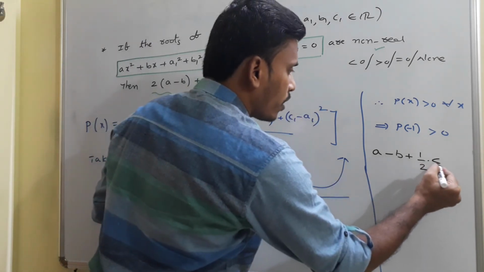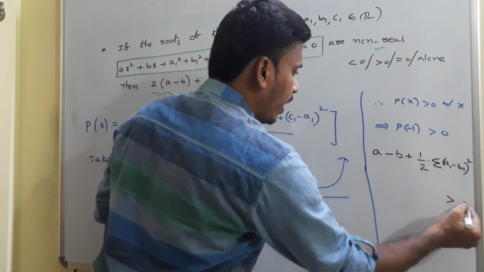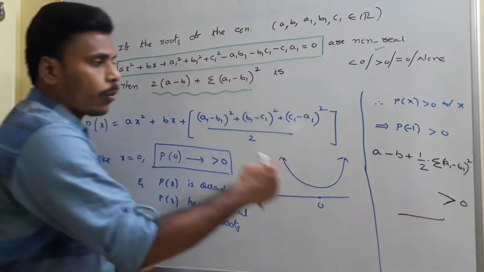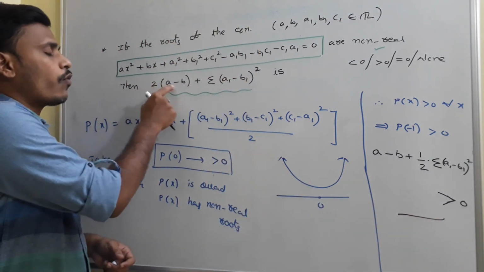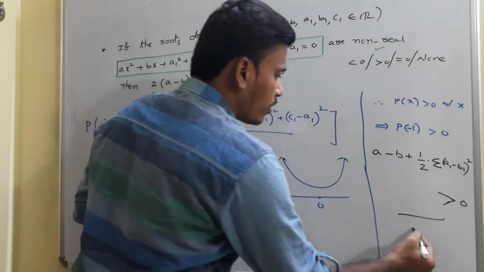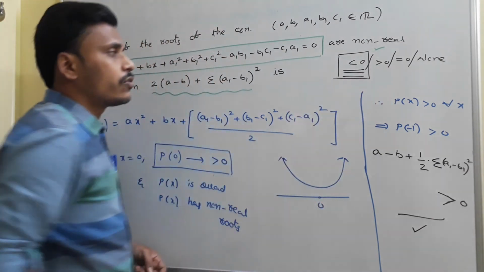See, half of sigma (a1 minus b1) square greater than 0. So this is simply the given statement. When you multiply everything with 2, 2 of (a minus b) plus sigma (a1 minus b1) whole square is greater than 0, and at the end your answer for this problem is greater than 0.